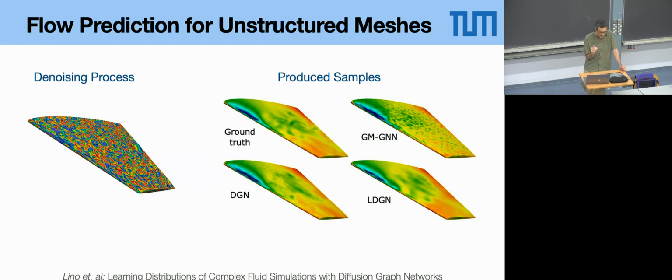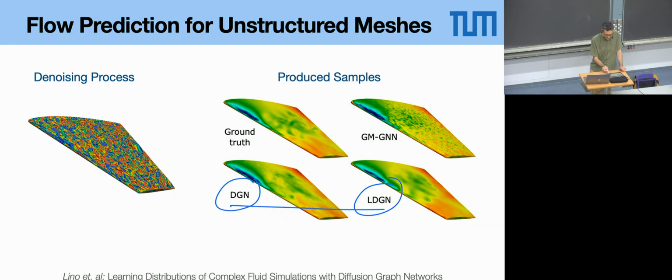There are two variants here. There's one that directly does the diffusion process on the graph, called DGN here. And then there's an LDGN, where we first train an autoencoder to compress this into latent space. Then you run diffusion on that latent space, and then you decode it again onto the target geometry.